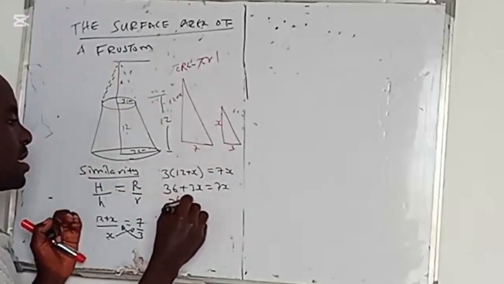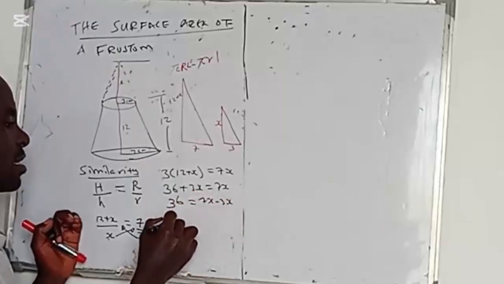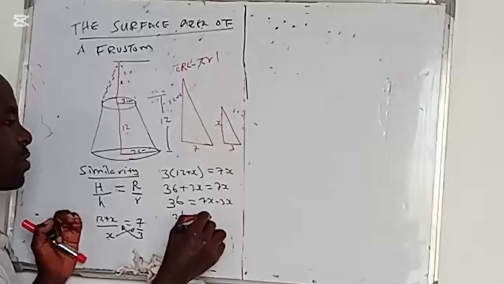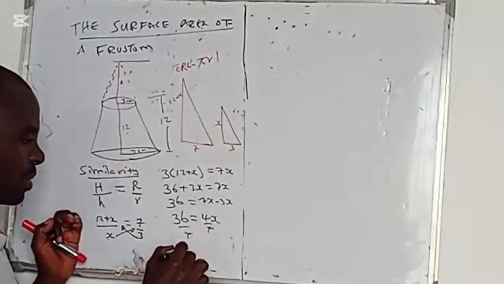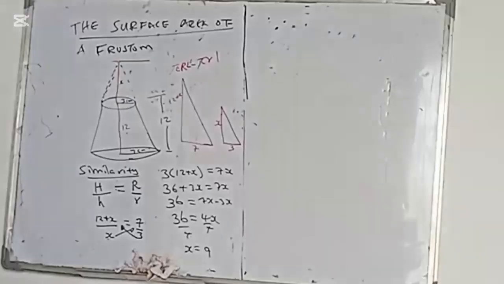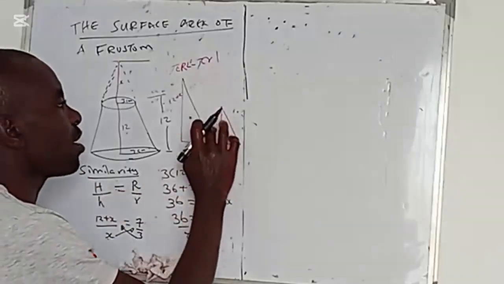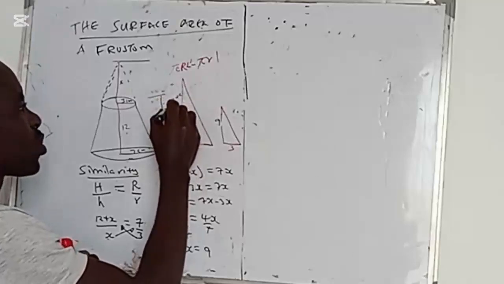So 36 is equal to 7x minus 3x. So 36 is equal to 4x. Divide by 4, divide by 4, we get x equals 9. Therefore, the small height is 9. The big height is 12 plus 9, which is 21.